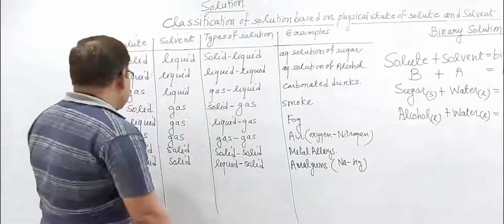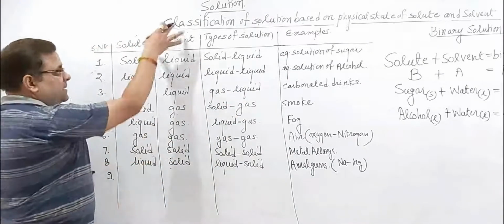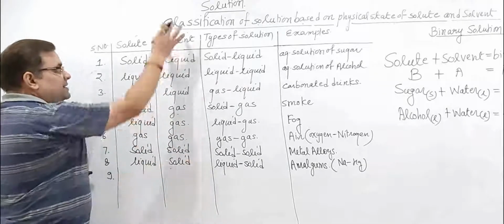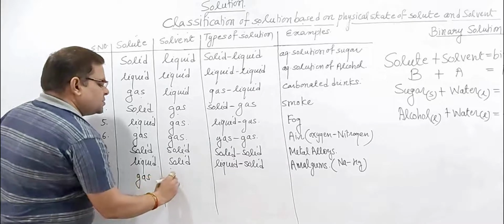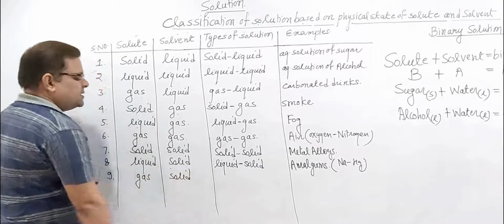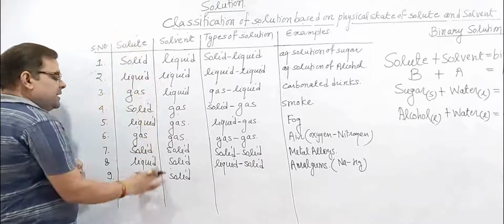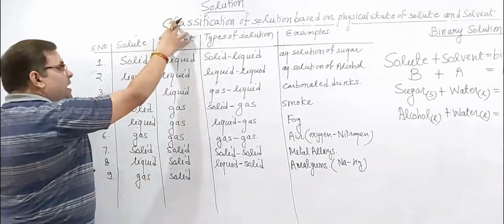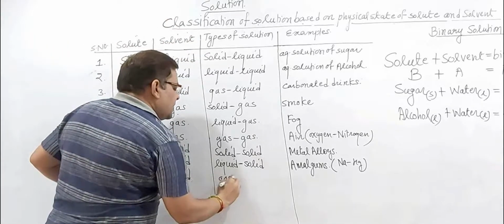And the next type of solid based binary solution is gas in solid solution. What is the meaning of gas in solid solution? Those binary solutions in which solute is present in gaseous state while the solvent is present in solid state are called gas in solid solutions.